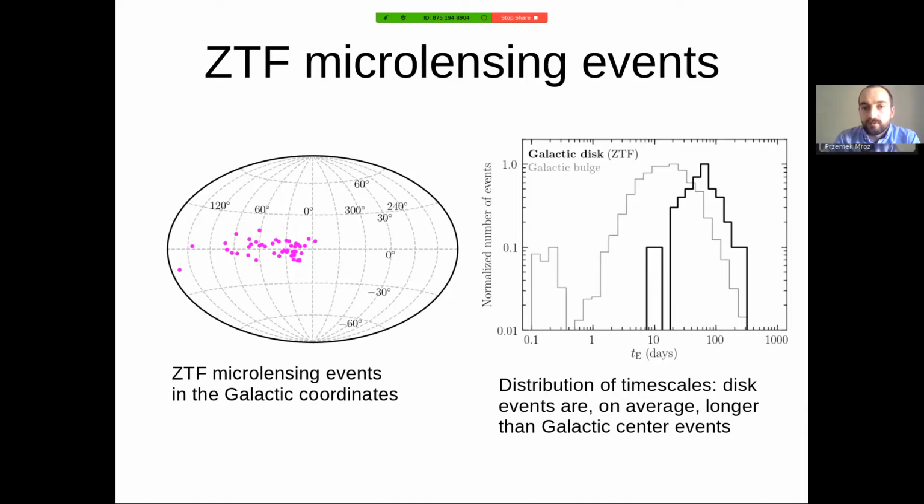On the right plot, you can see the distribution of timescales of events that we detected. So what is really exciting is that all of these events located in the galactic disk detected by ZTF, which are marked in black, have timescales that are a few times longer than events located in the galactic center.